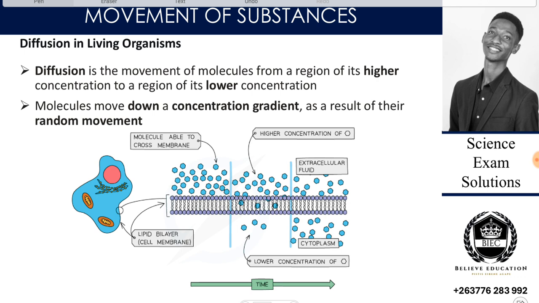First we have diffusion in living organisms. Are we together? So the first thing that we are going to look at is diffusion. Diffusion is the movement of molecules from a region of higher concentration to a region of lower concentration.